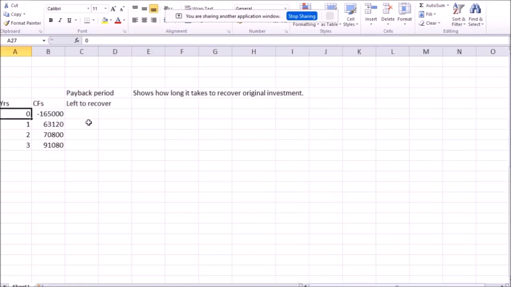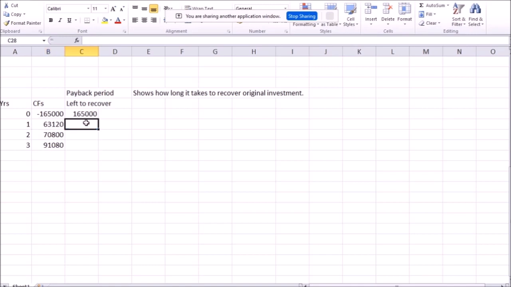By the end of the first year, I've recovered $63,120 out of the original $165,000. So I will have another $102,000 or so to recover.